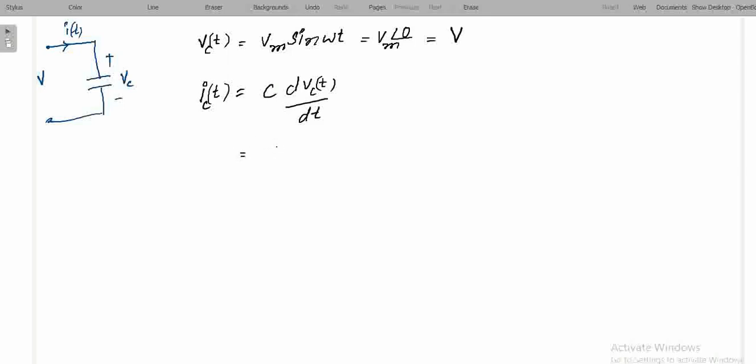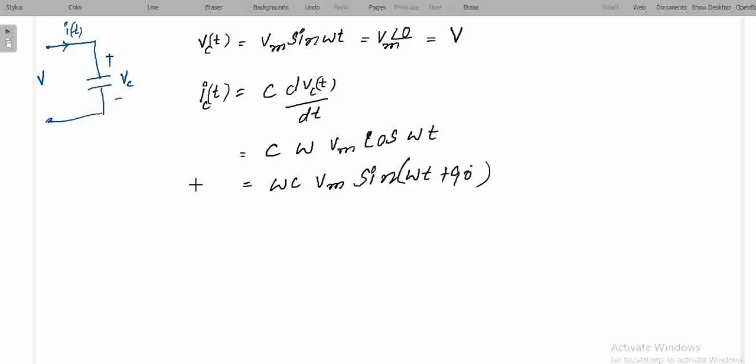So differentiating VC of t with respect to t, you will get omega Vm cos omega t. So omega C Vm, this cos omega t can be written as sin of omega t plus 90 degrees. This is your IC of t.